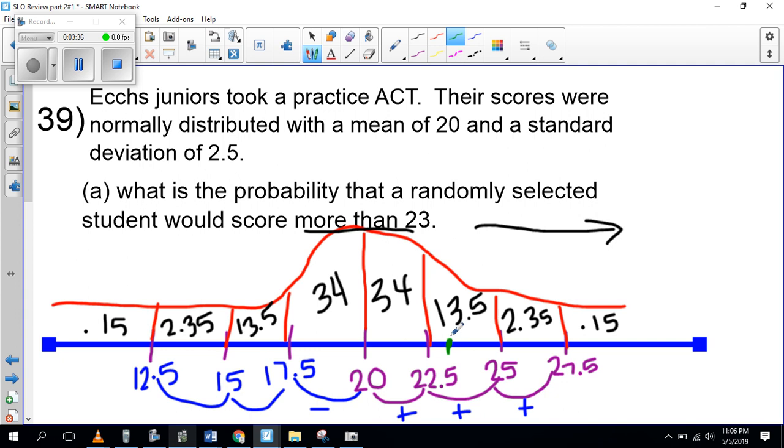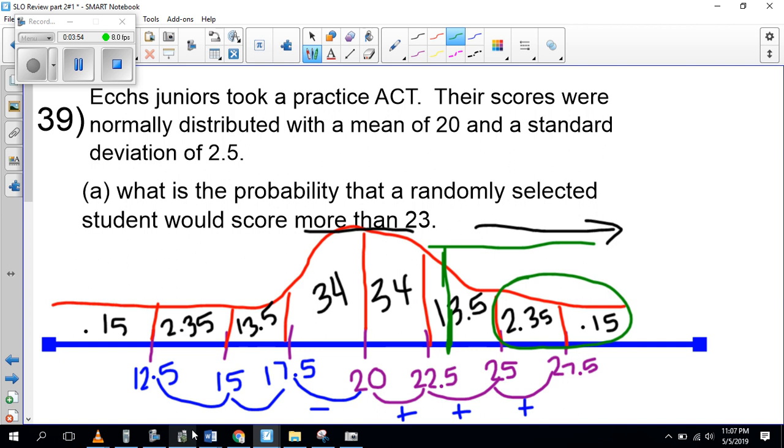So if we look here, we already know it's going to be this part already, and that's the 2.5. Let me let you see this part.